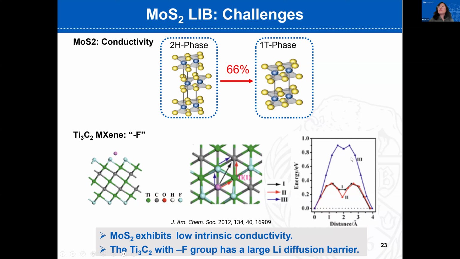The theoretical calculation shows there's quite a high lithium diffusion barrier if the lithium ion tries to diffuse through the fluorine sites, okay? So it is important to control or reduce the fluorine content to further improve the battery performance.